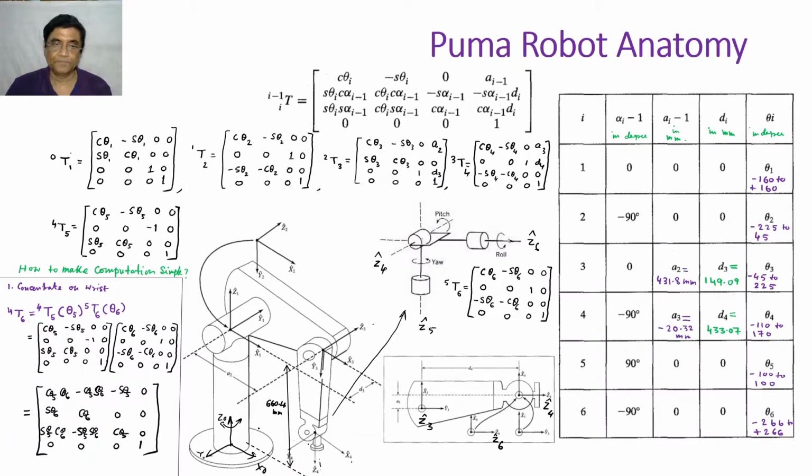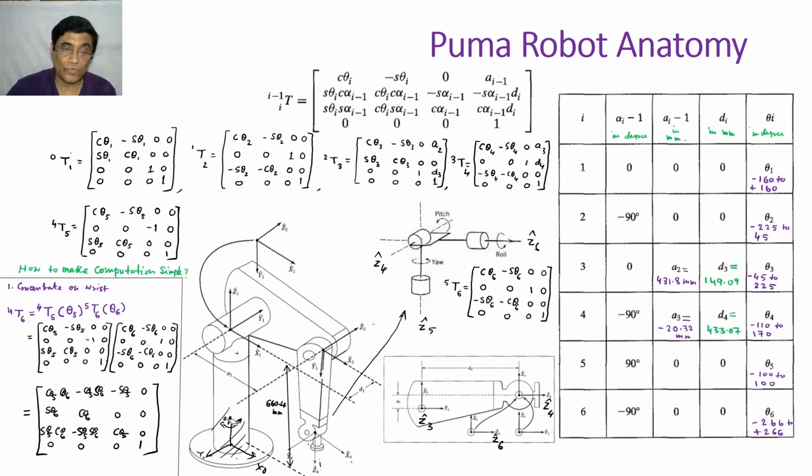Also, since this is entirely a rigid body, I have an option to put the 0th coordinate frame here, attached with this base.